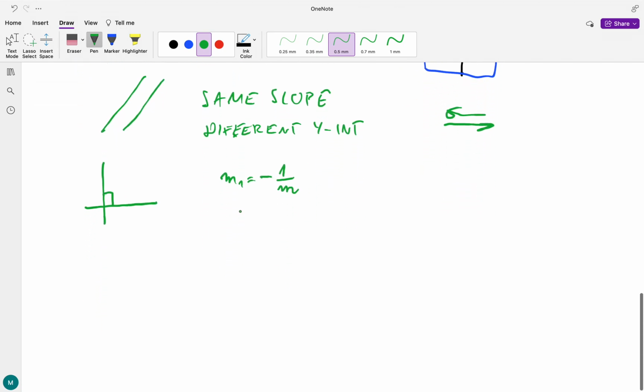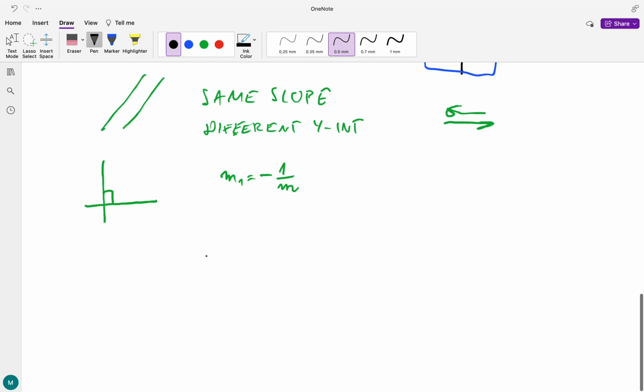One thing I want to cover, the last thing, is horizontal and vertical lines.